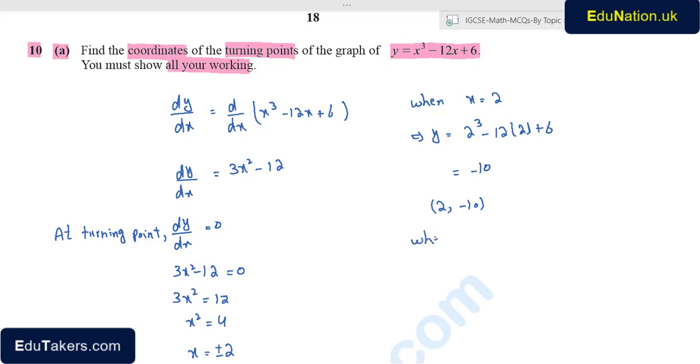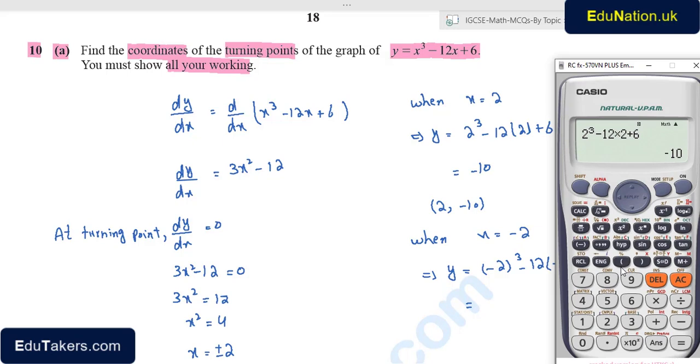And when x is equal to minus 2, then y is equal to minus 2 cube minus 12 multiplied by minus 2 plus 6.